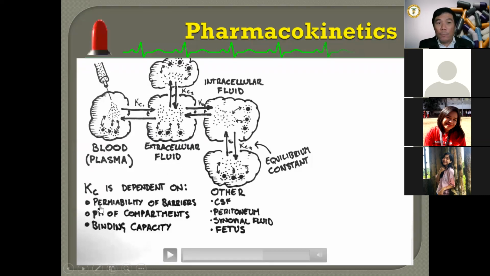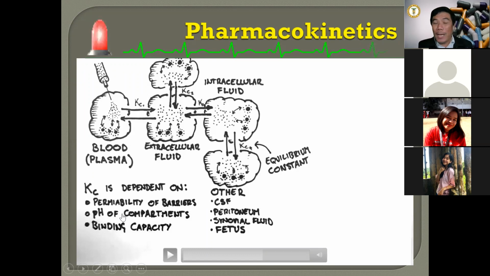When it comes to the permeability of barriers, for example, if the blood vessels are inflamed, then obviously this could be a barrier that may not promote the distribution of the blood.